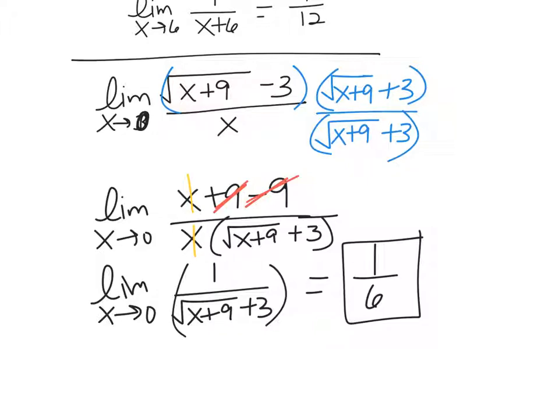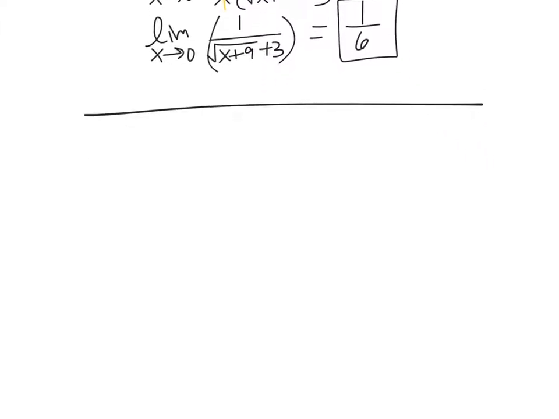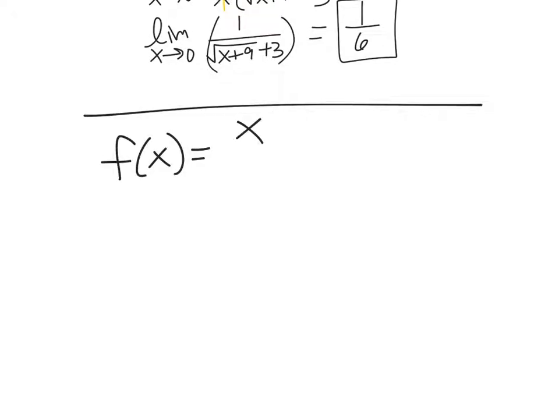Let's do one of these now. All right, so the next one's going to be just like those kind that were on your quiz, that second quiz that we took. So let's say that you have this function. F of x equals x plus 5 over x squared minus x minus 6.